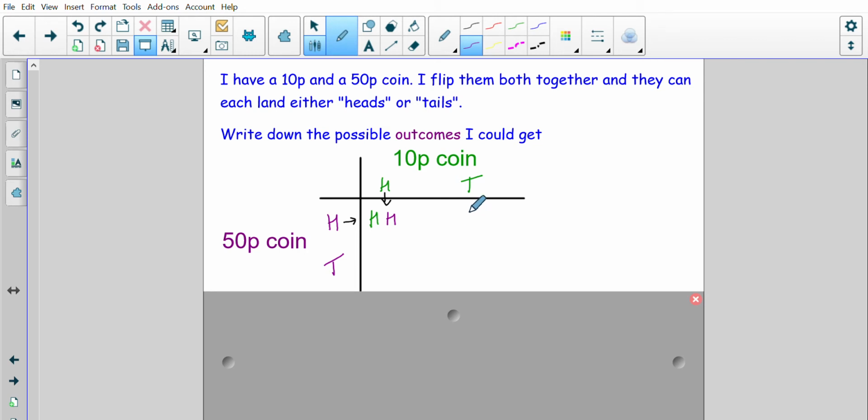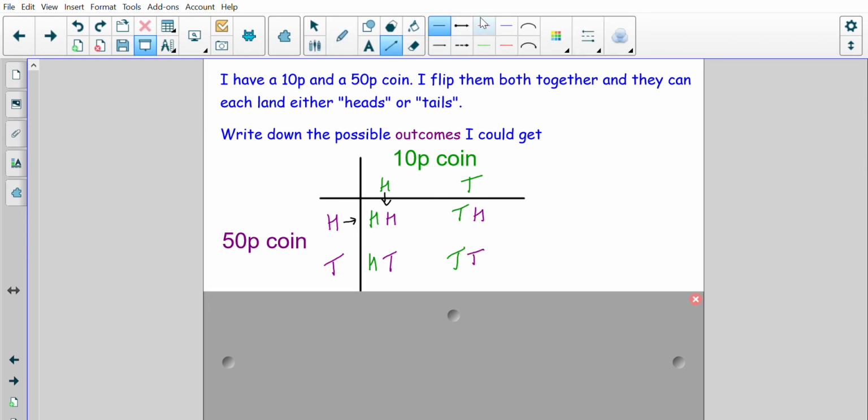This part of my table, if I read down, I could get a tail on my 10p coin and a head on my 50p coin. Coming down to the bottom row of the table, reading down, I could get a head on my 10p coin. Reading across, I could get a tail on my 50p coin. And the last entry in my table, I could get a tail on both coins. So a tail on my 10p coin and a tail on my 50p coin.